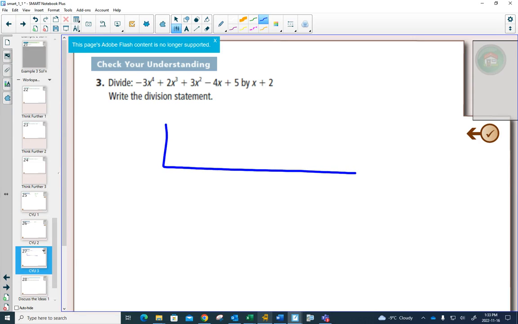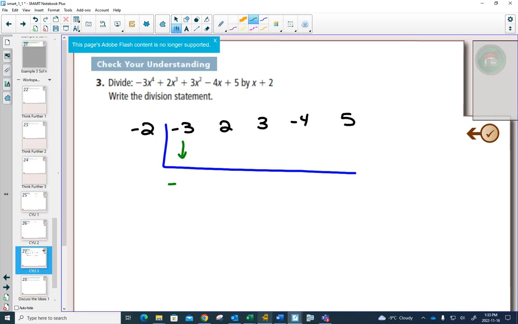So we set things up. First of all, is this in the right order? Yes. Is there anything missing? No. So we don't have to add any zeros, and so we can just write negative 3, 2, 3, negative 4, 5. And on the outside, the opposite of plus 2 is minus 2.